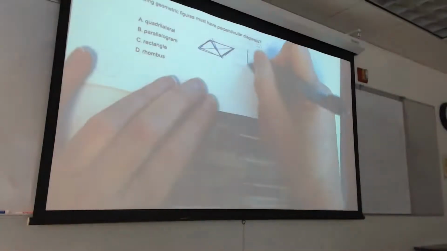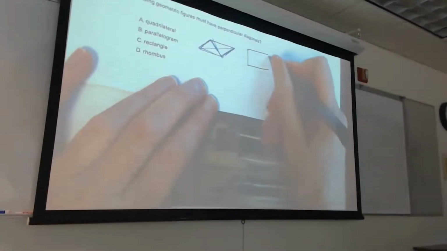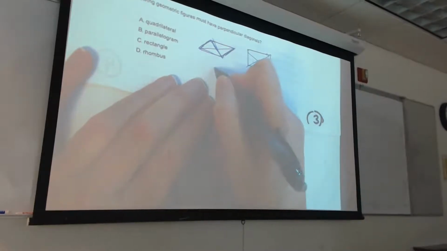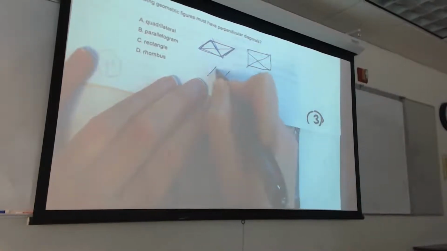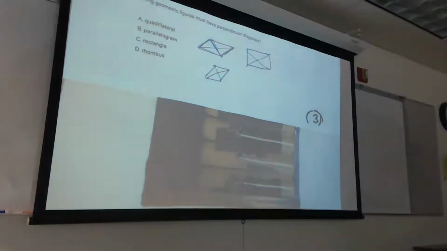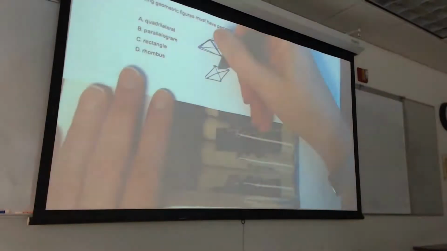You've got a rectangle, and you've got the diagonals. And a rhombus is like a square that's been blown over by the wind. So which one has perpendicular diagonals? I didn't do the best job of drawing. Which one is the only one?